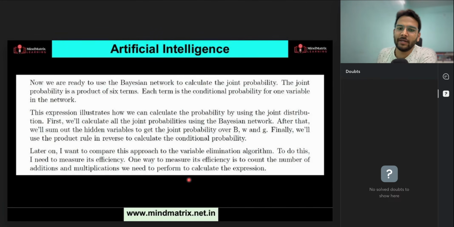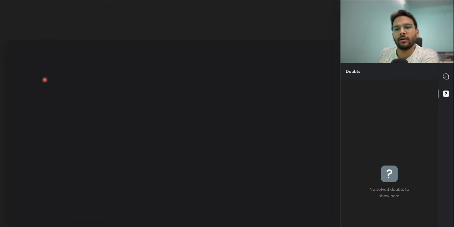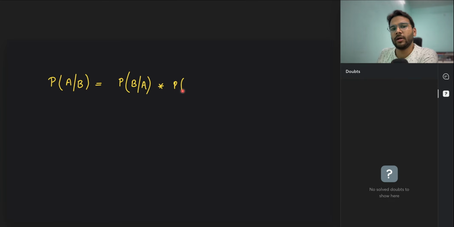Before this one, just let me give you a simple example. If I'm writing probability of A given B, carefully see this, everyone. I can write this as probability of B given A into probability of A divided by probability of B. Bayes theorem, nothing else, right?